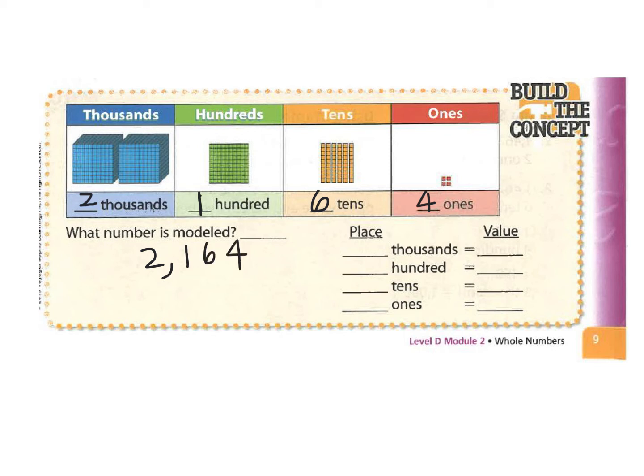And then the place value, there's 2 thousands, so that means it's worth 2,000. There's 1 hundred, so the value is 100. 6 tens, so if you count by tens, 10, 20, 30, 40, 50, 60, it is worth 60. And 4 ones is worth 4.